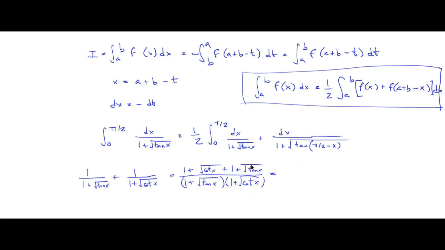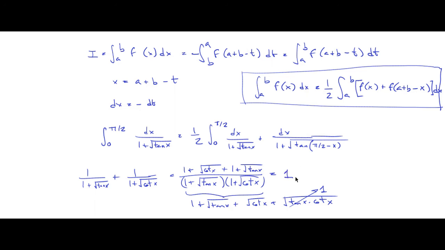And now we have, well, this is 2 plus this, and if we expand this, we have 1 plus the square root of the tangent plus the square root of the cotangent plus the square root of the tangent times the cotangent, right? But the tangent times the cotangent is 1, so the square root of 1 is just 1. So you can see that the numerator and the denominator are the same thing.